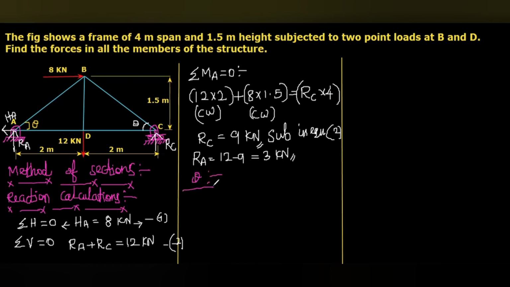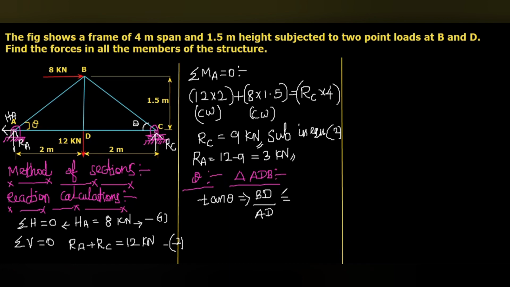In this right angle triangle ADB, we know the value of the opposite side, 1.5 meter, and the adjacent side, 2 meter, for the angle. So we can take tan theta equal to the opposite side BD by AD.